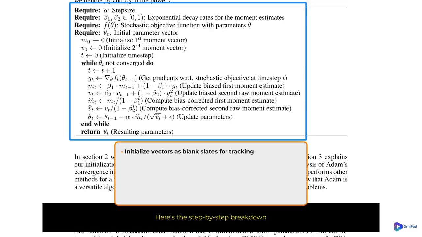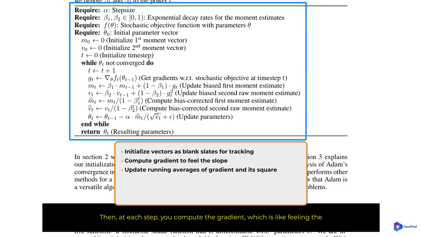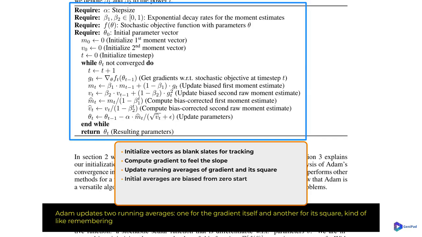Here's the step-by-step breakdown of ATOM in action. You start by initializing some vectors to 0. Think of them as blank slates for tracking your moves. Then, at each step, you compute the gradient, which is like feeling the slope under your feet. ATOM updates two running averages, one for the gradient itself and another for its square, kind of like remembering your recent steps and how erratic they were.